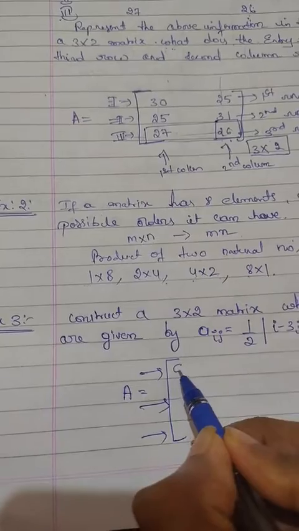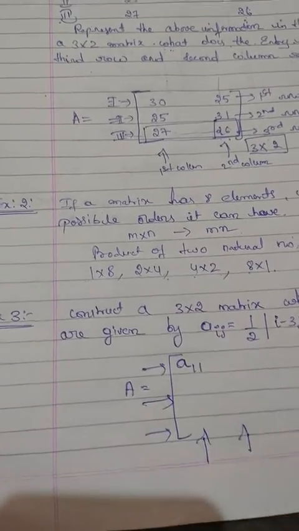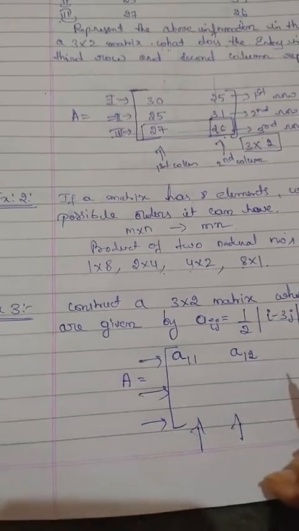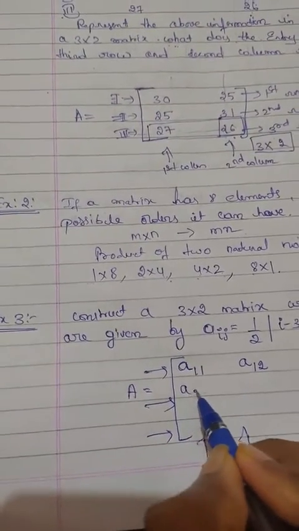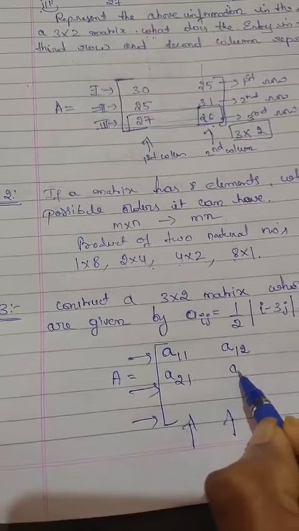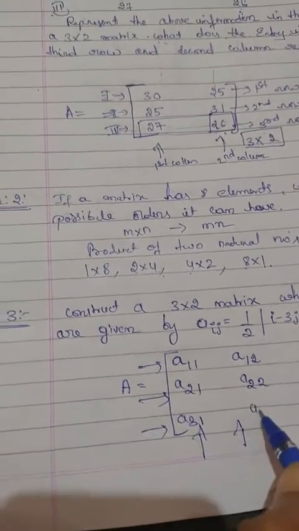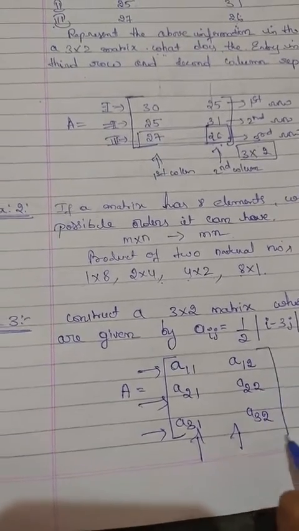The first element belongs to first row, first column; first row, second column is the second element. Now second row, first column; second row, second column; third row, first column; third row, second column.